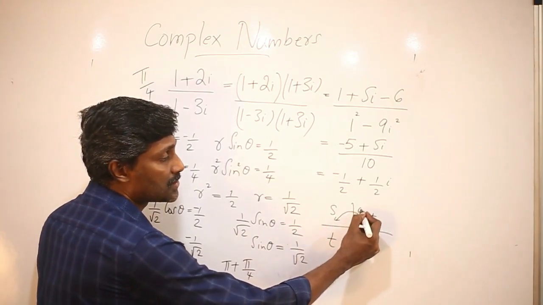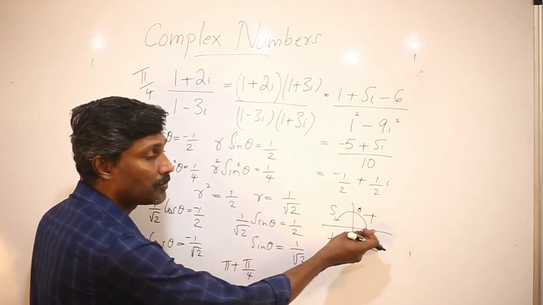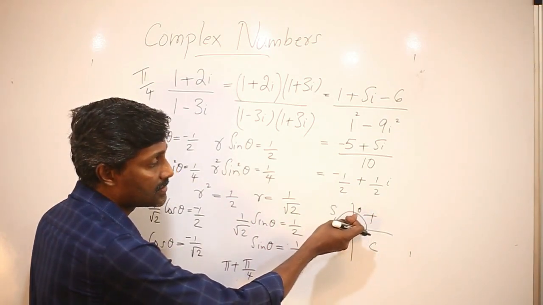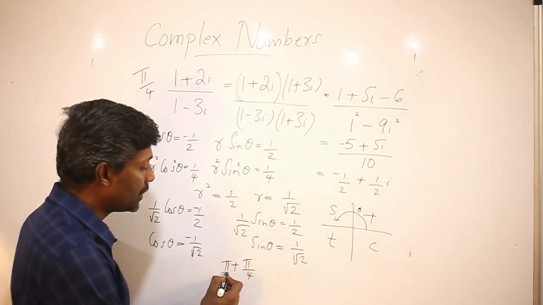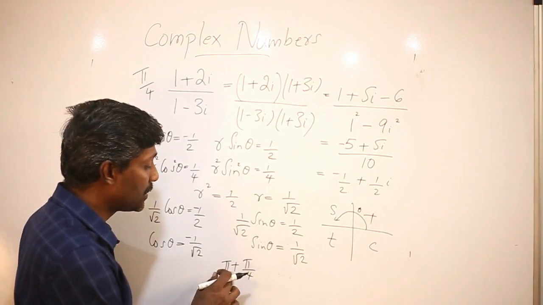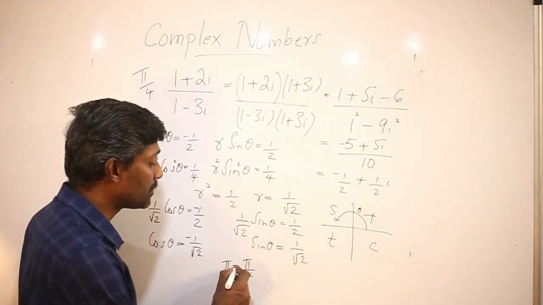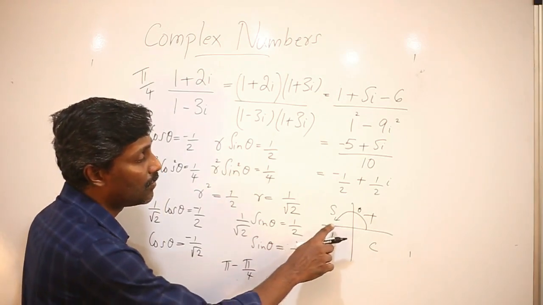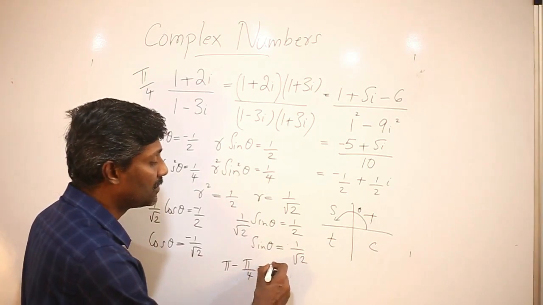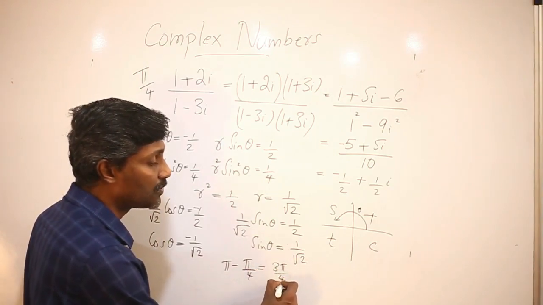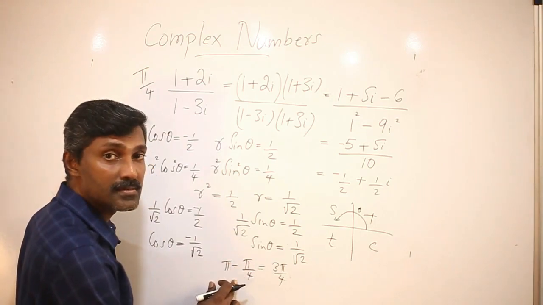This is the direction of theta, right? So this is the first quadrant, which is 0 to pi by 2. This is the second quadrant, which is pi by 2 to pi. So it is either pi by 2 plus pi by 4 or it is pi minus pi by 4. So we can write it is pi minus pi by 4, okay. So this angle is 3 pi by 4. When you take the LCM, 4 pi minus pi is 3 pi, so 3 pi by 4 is the angle.